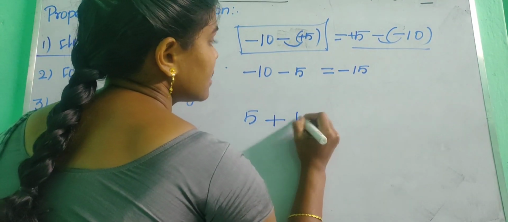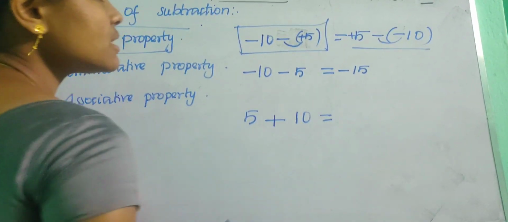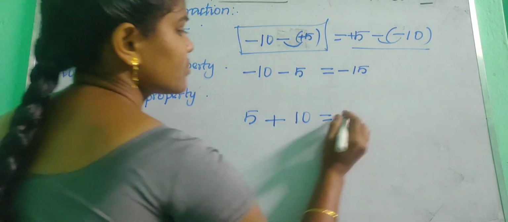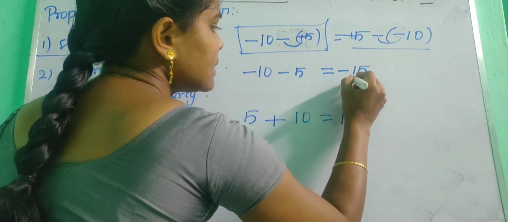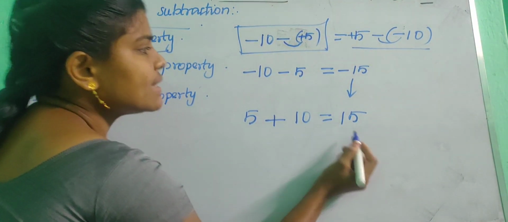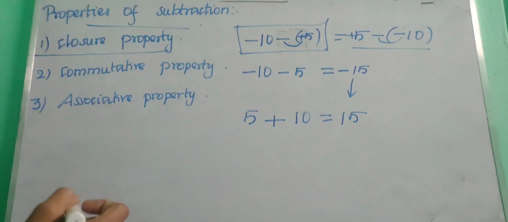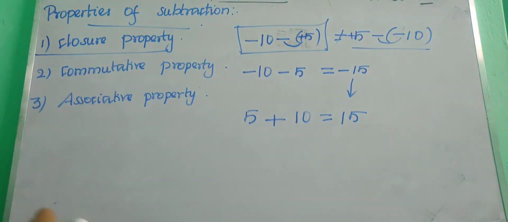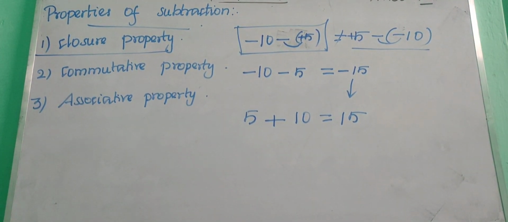So that 10. So what is the answer we are getting? 5 plus 10, 15. Are these two equal? No, right? It is a positive integer and it is a negative integer, right? So that we can say in subtraction, commutative property is not satisfied. So subtraction of integers does not hold commutative property.